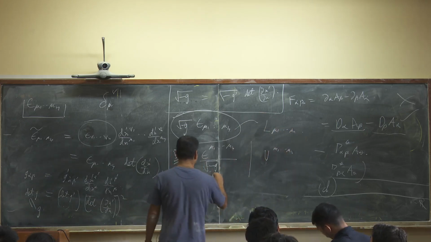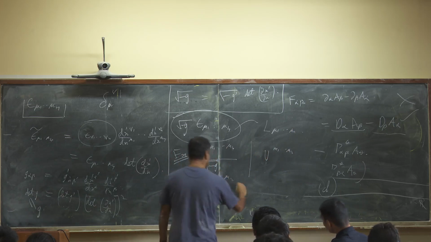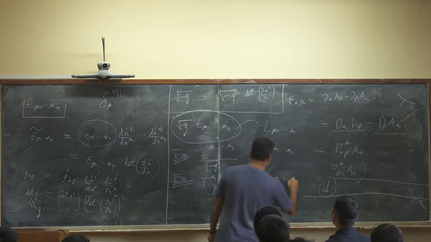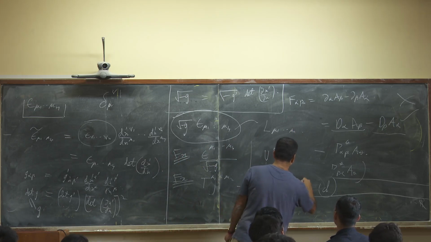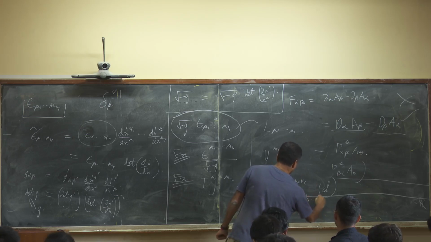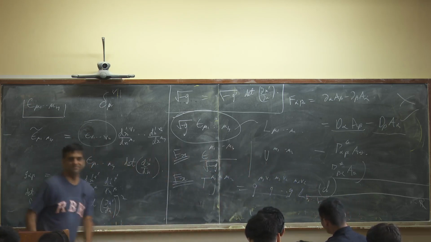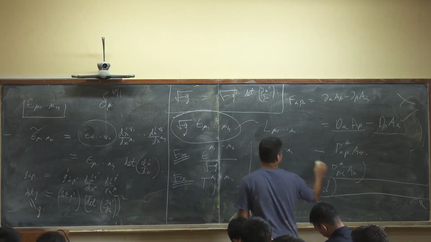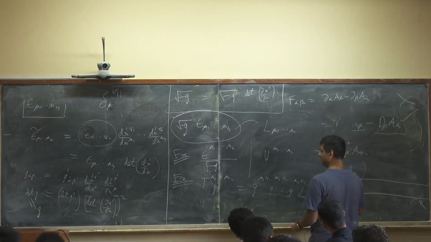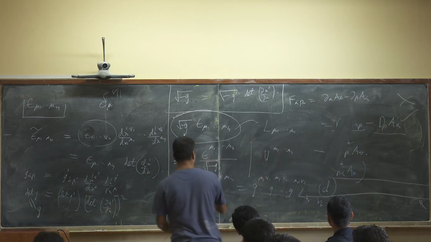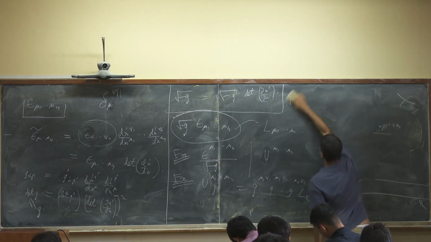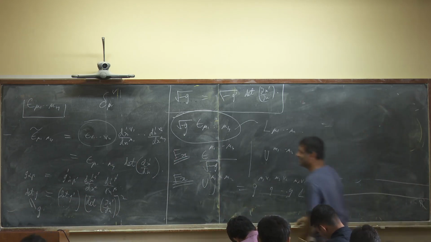Check that T mu1 to mu4 is equal to g mu1 mu1, g mu2 mu2, up to g mu4 mu4, times the lower one.